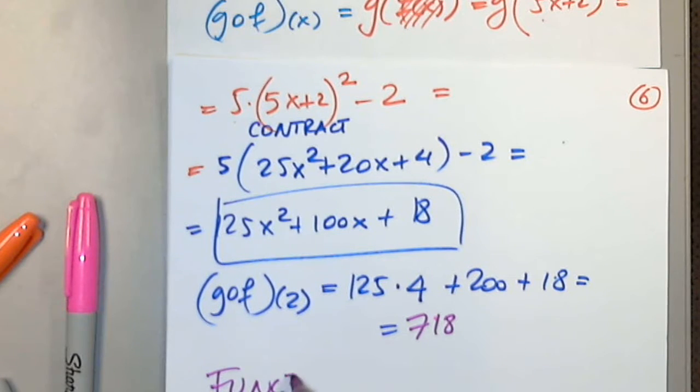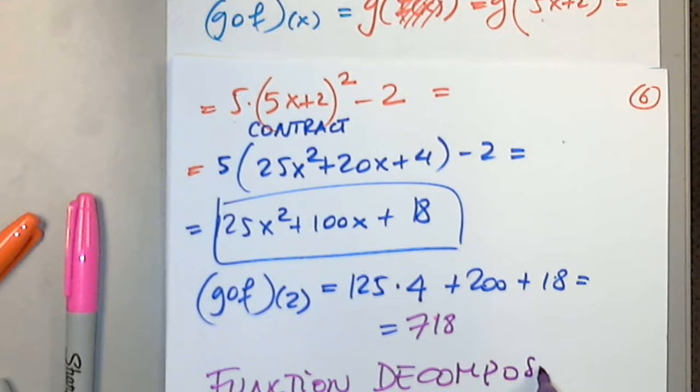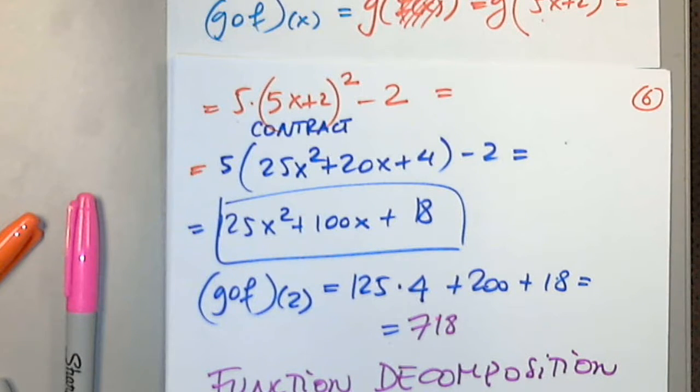Function decomposition. Let's see what this means first, and then we'll analyze a couple of functions. So when I'm given two functions, I can create the function composition in both directions. I can create the function composition of one function with itself.